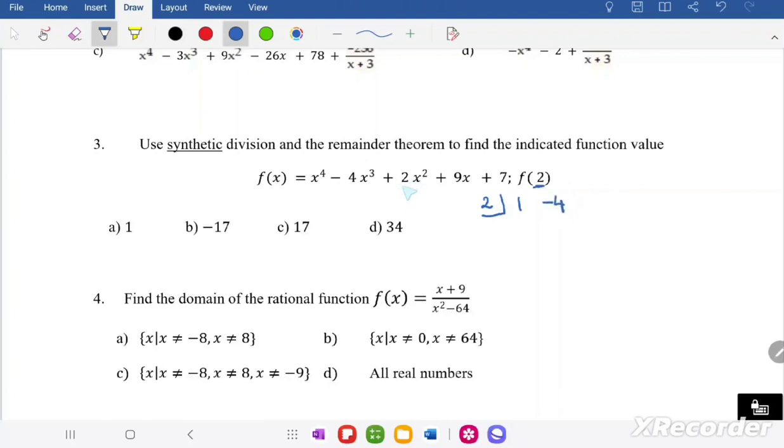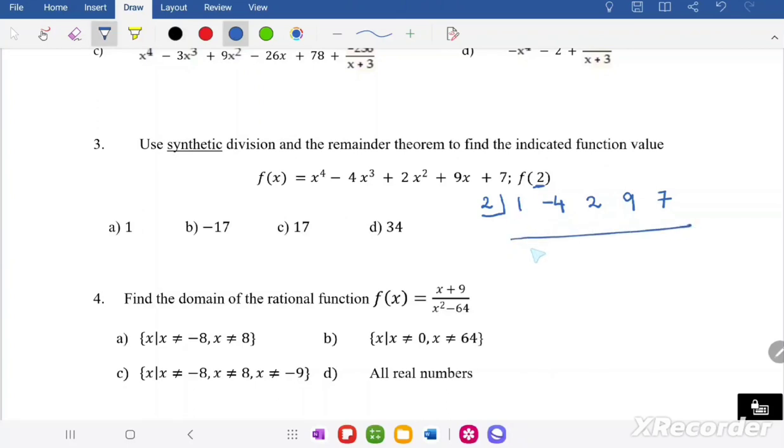Coefficient of the third term is positive 2, and then we have 9, and finally 7. All right, so 1, 2, 3, 4, 5, and it's an ordered polynomial arranged from the highest exponent to the lowest exponent, and all the terms are visible, right? We have all our terms. And so now we can go ahead and perform the synthetic division.